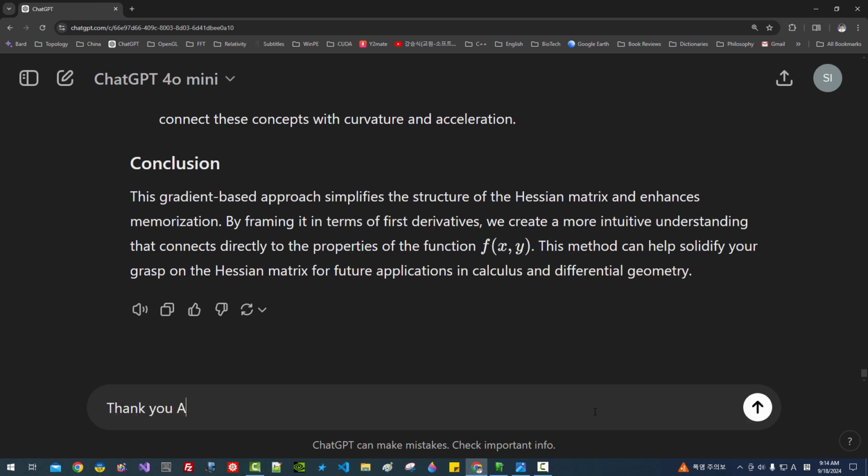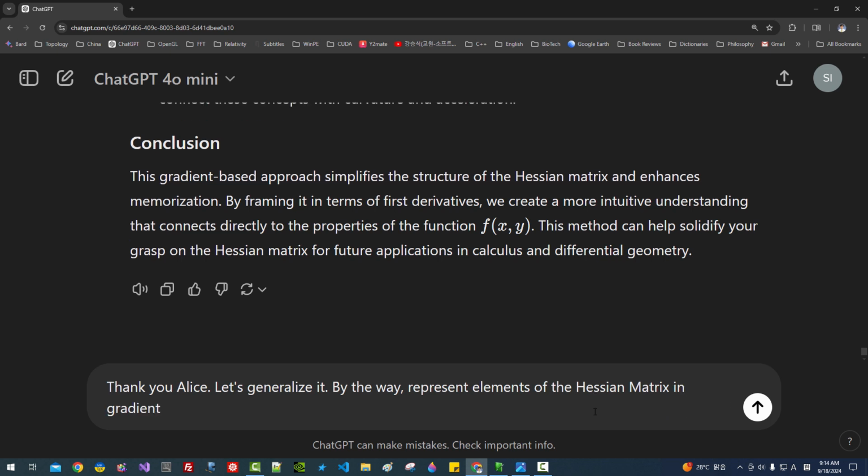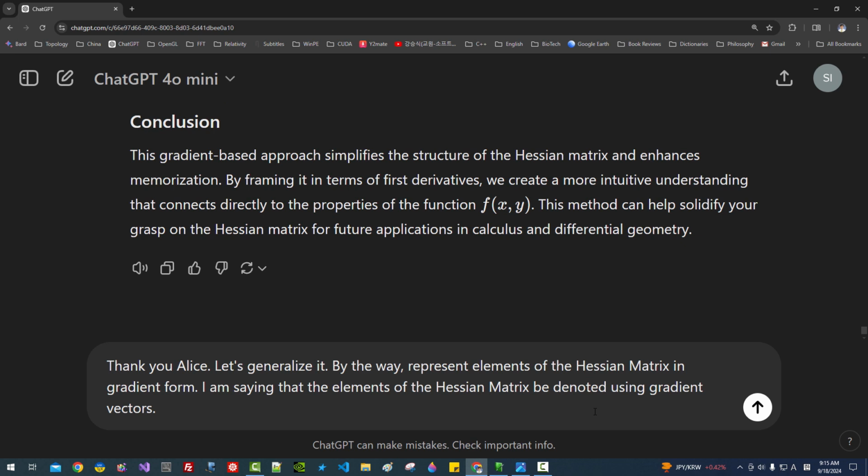Thank you, Alice. Let's generalize it. By the way, represent elements of the Hessian matrix in gradient form. I am saying that the elements of the Hessian matrix be denoted using gradient vectors.